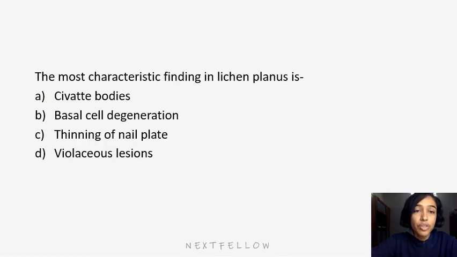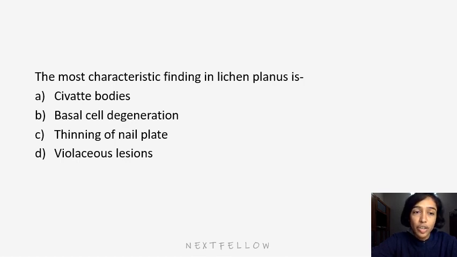The most characteristic finding in lichen planus is civatte bodies, basal cell degeneration, thinning of the nail plate, or violaceous lesions. Civatte body is the necrosis of individual keratinocytes in the basal layer, right? That's not very characteristic of just lichen planus. Vacuolar degeneration can happen in other lichenoid conditions also.